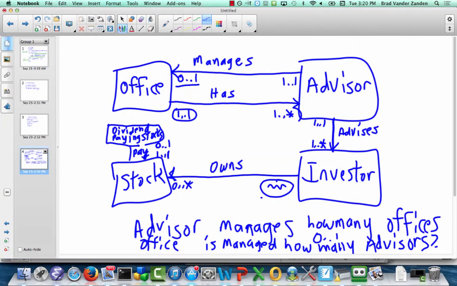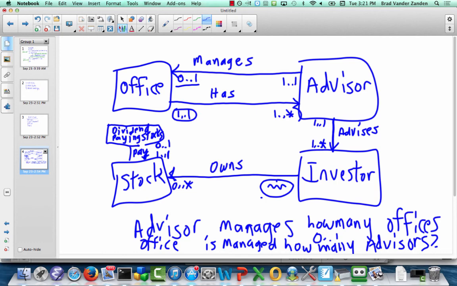Okay, the last one's tough too. When a stock gets purchased or sold by an investor, we record the stock ticker symbol, the transaction price, the date, the number of shares purchased or sold, the investor who purchased or sold the stock, and the broker who conducted the transaction for the investor. Okay, so a stock, that's an entity, gets purchased or sold by an investor.